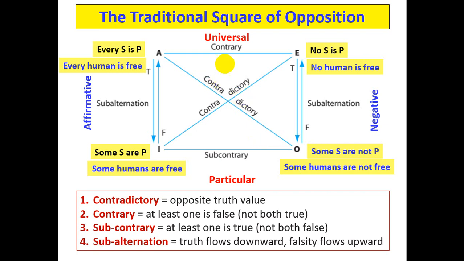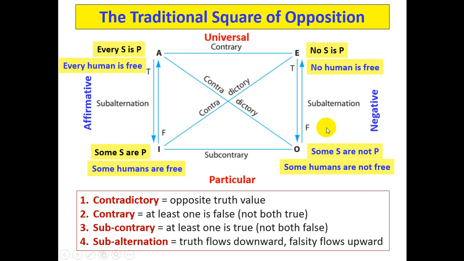We can notice here this is A, E, I, and O. A means every or all S are P. We can use the word every or the word all, and we can use the word is or even the word are, no problem. So every S is P. Here, the opposite is no S is P. Here, some S are P. The opposite is some S are not P.